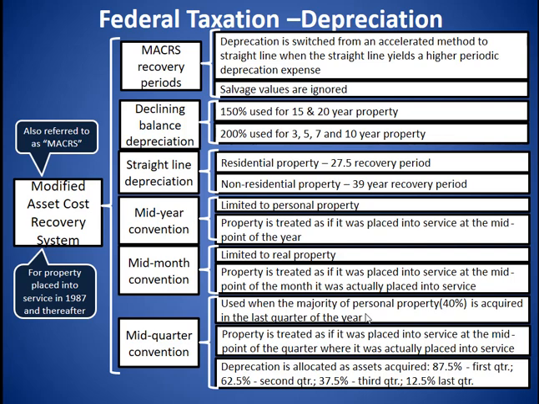And then depreciation is allocated based upon the period where the assets were acquired: 87.5% to the first quarter, 62.5% to the second quarter, 37.5% to the third quarter, and 12.5% to the last quarter.